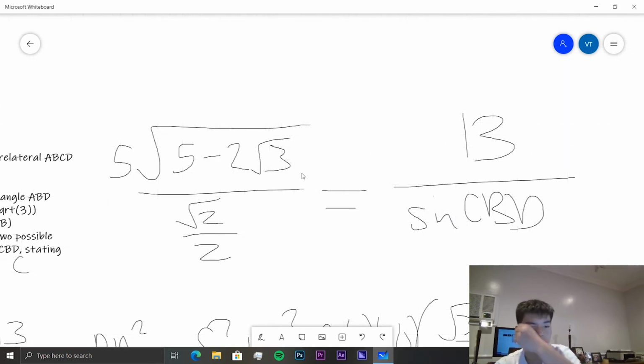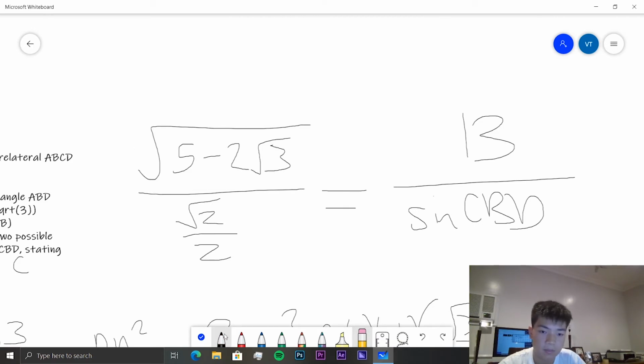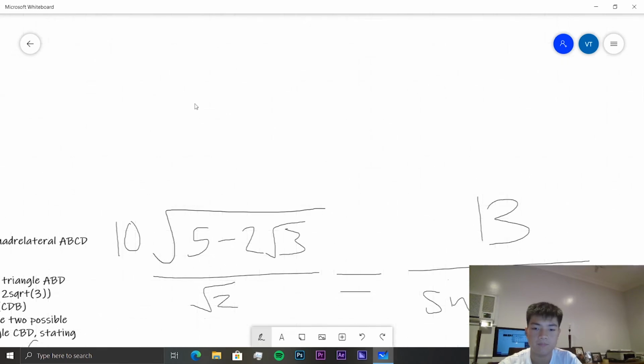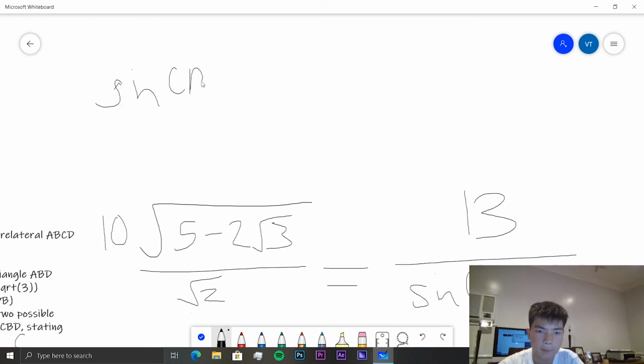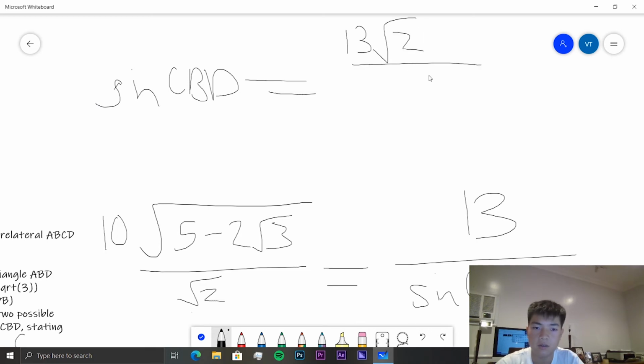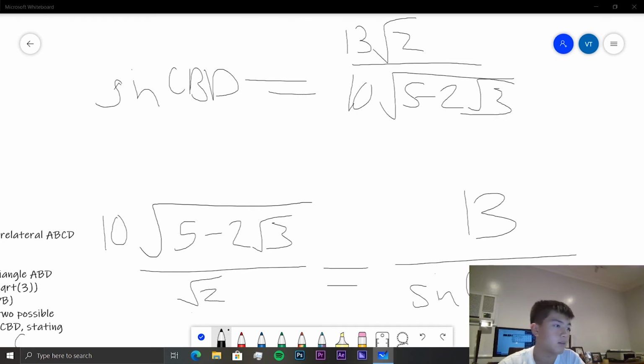If we cross multiply, first we can multiply that so it's 10 up here. And then we have root 2 and root 3, so let's multiply these. So we get sine CBD is equal to 13 root 2 over 10 times root 5 minus 2 root 3. Is that correct? Yeah.